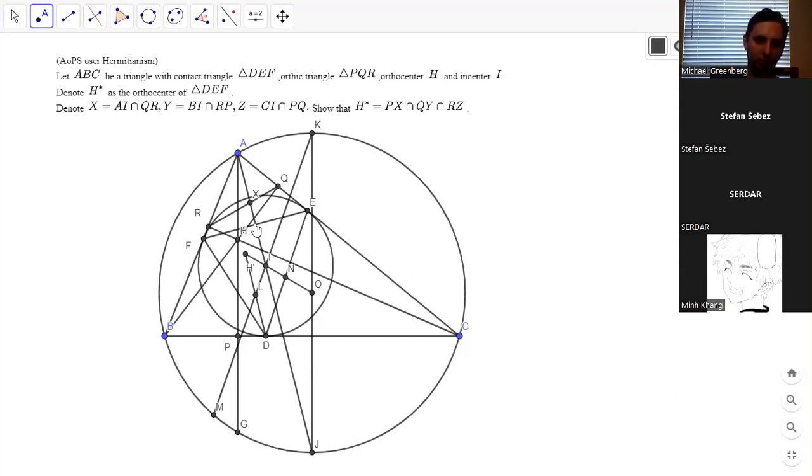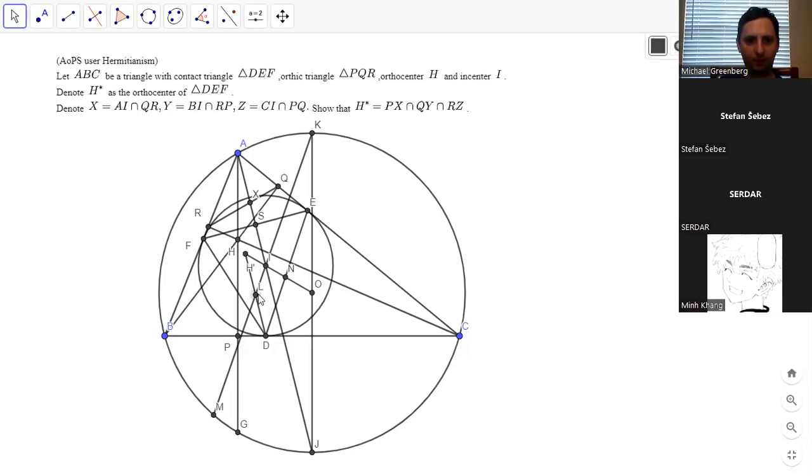So yeah, we could draw the midpoint of EF too. So yeah, LD is equal to IS is equal to H prime L. Can you delete point L for now?